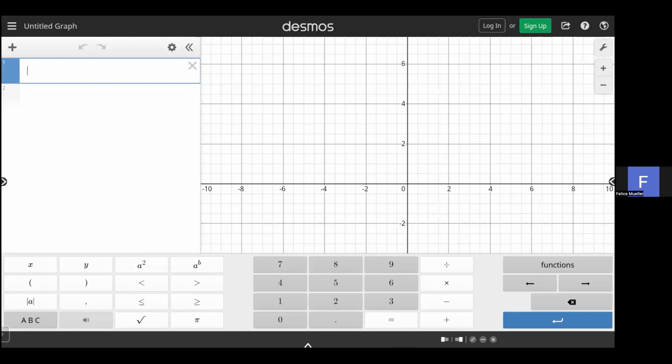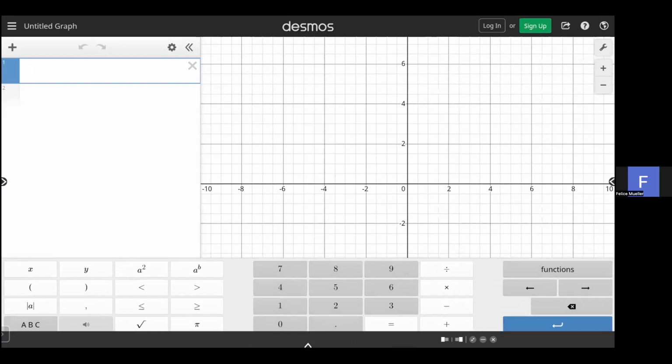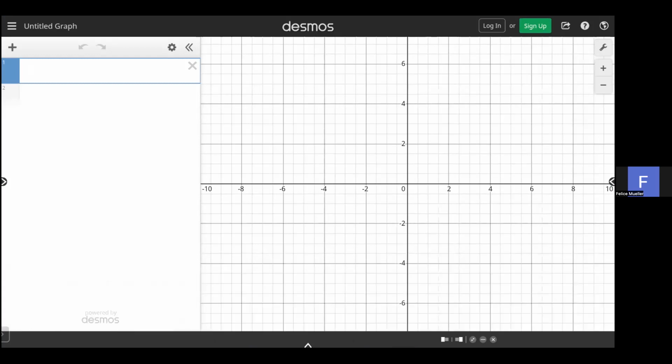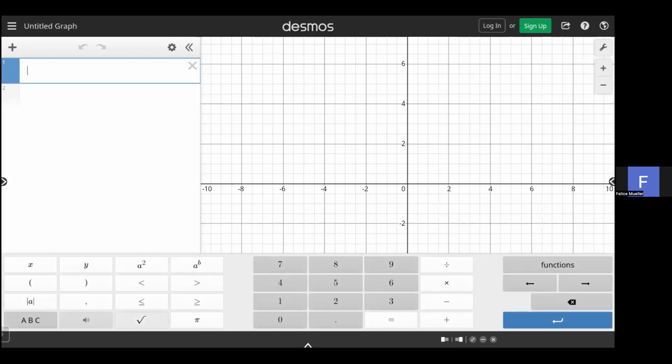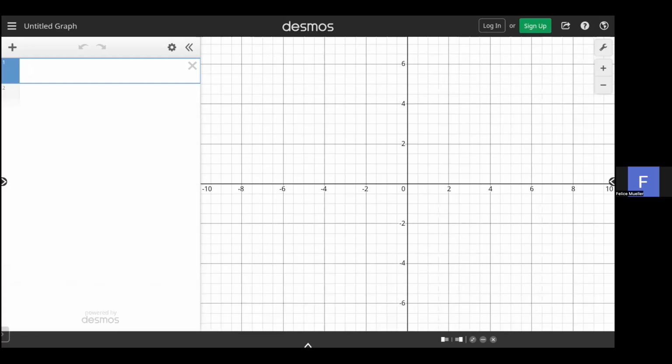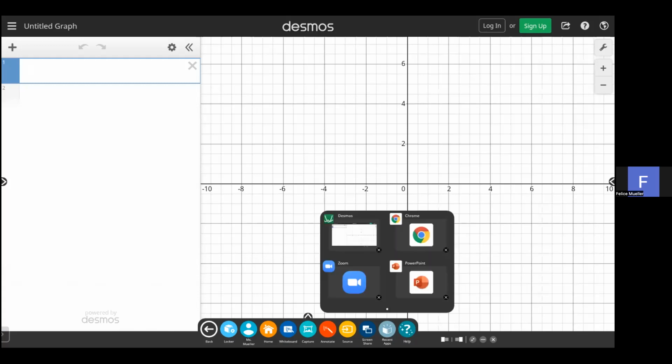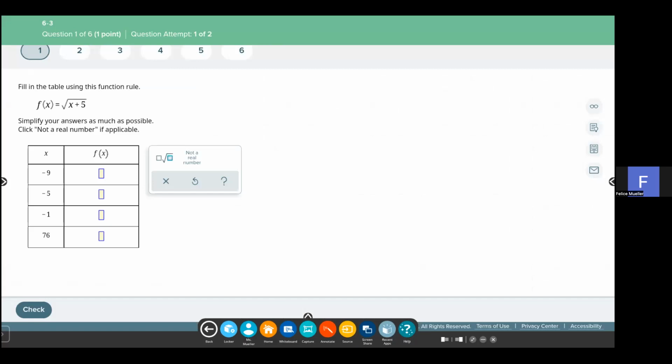Should I go to functions? So you can see I pressed it because the square root button down here is darker. Yeah, it's not working. So I'm just gonna have to do it by hand or use the calculator that I have in the classroom. So yeah, Desmos just does not like the Promethean board, so it's not gonna work.